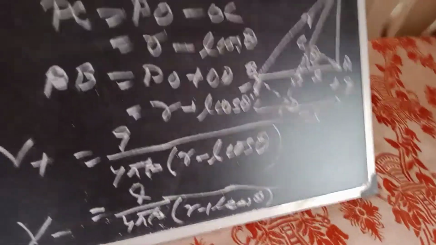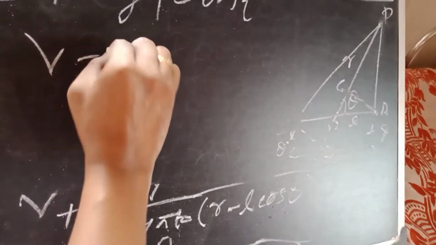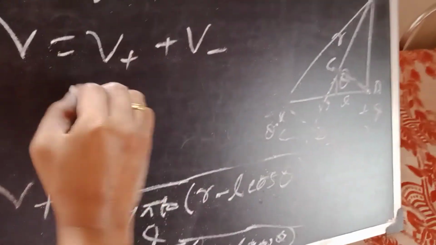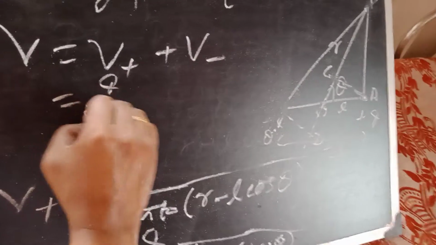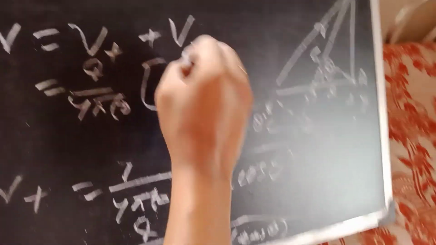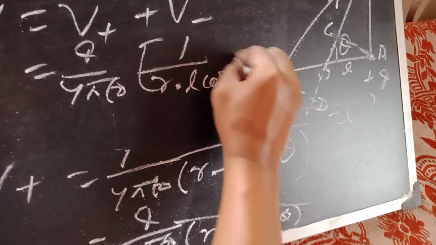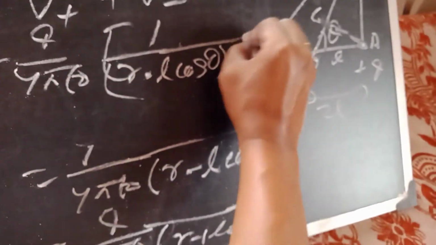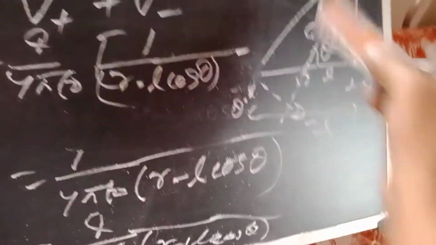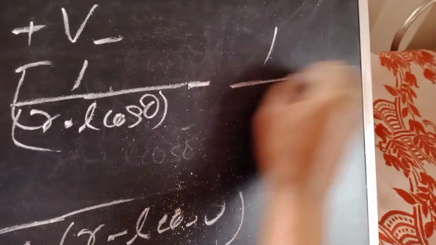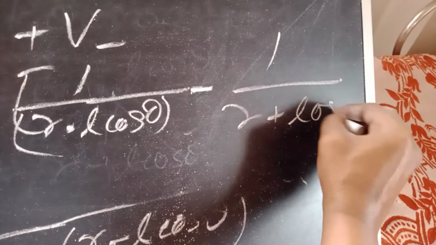Now the total potential at point P, if we take the sum, is V equals V plus plus V minus. So q by 4 pi epsilon naught, taking common, 1 by r minus l cos theta minus 1 by r plus l cos theta.